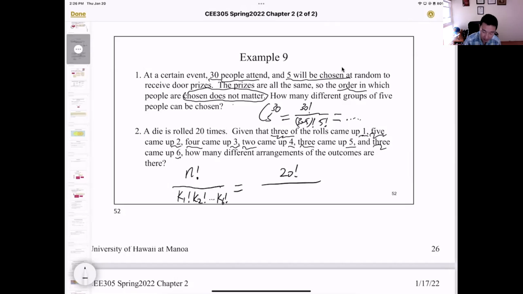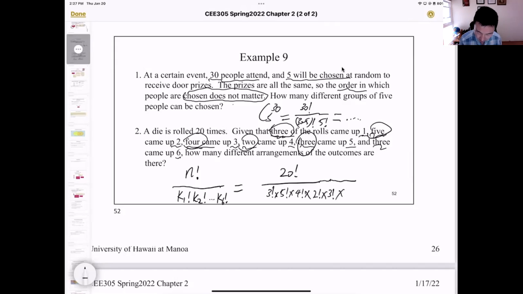So n is equal to 20. We have 3 times number 1, so that will be factorial of 3, times 5 times we come up with number 2, so that is factorial of 5, times 4 times we come up with 3, factorial of 4, times twice shows a 4, so that's factorial of 2, times 3 times come up with 5, so it's factorial of 3.